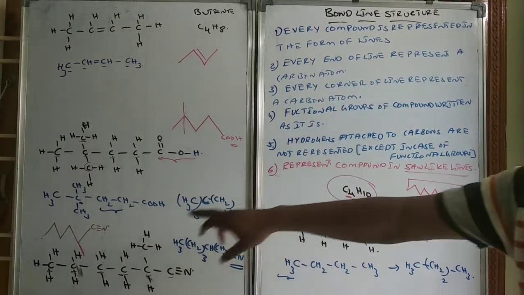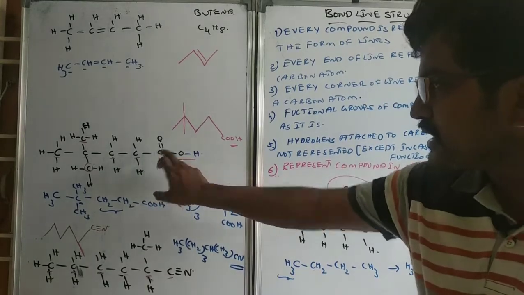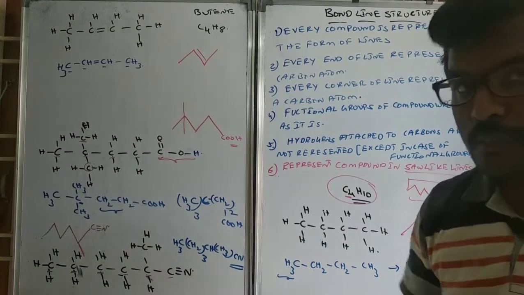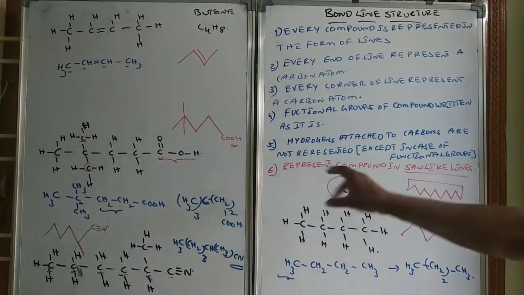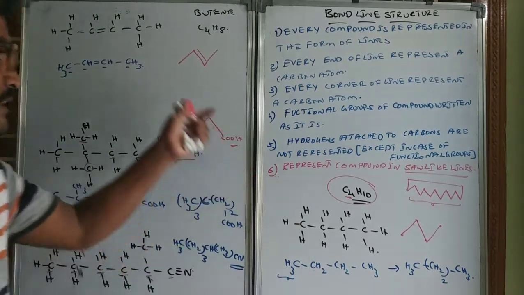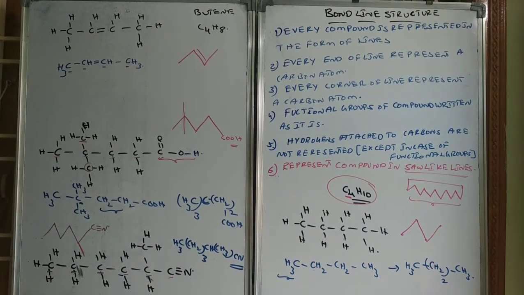Functional groups are written as they are, cyanide and then COOH. These are also included in the main chain, so you have to count them in the main chain. And hydrogens attached to the carbons are not represented. Like this, we can write the different structures for these compounds.